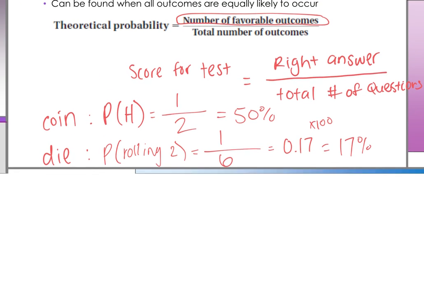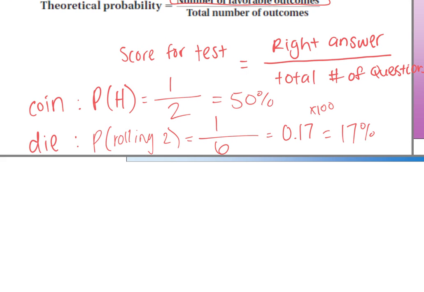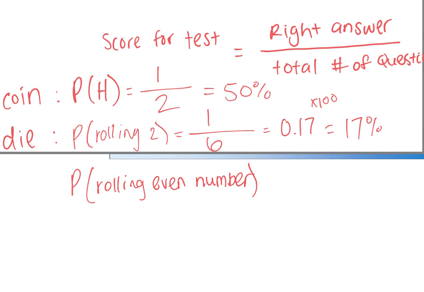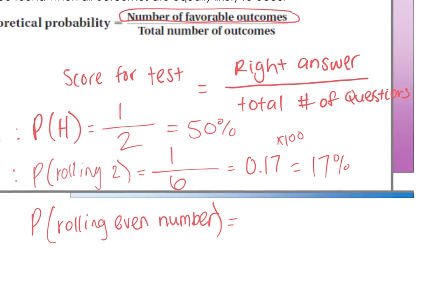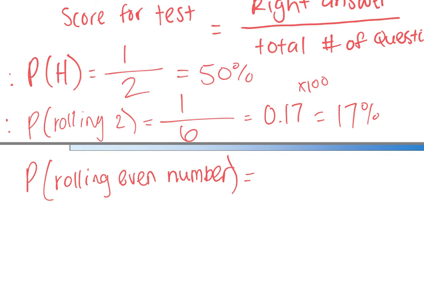Okay, let's do the die again. So we're still on the die, but let's do what's the probability of rolling an even number? Okay, now hold on. So, rolling an even number, how many possible outcomes would we have, the number of favorable outcomes for rolling an even number?